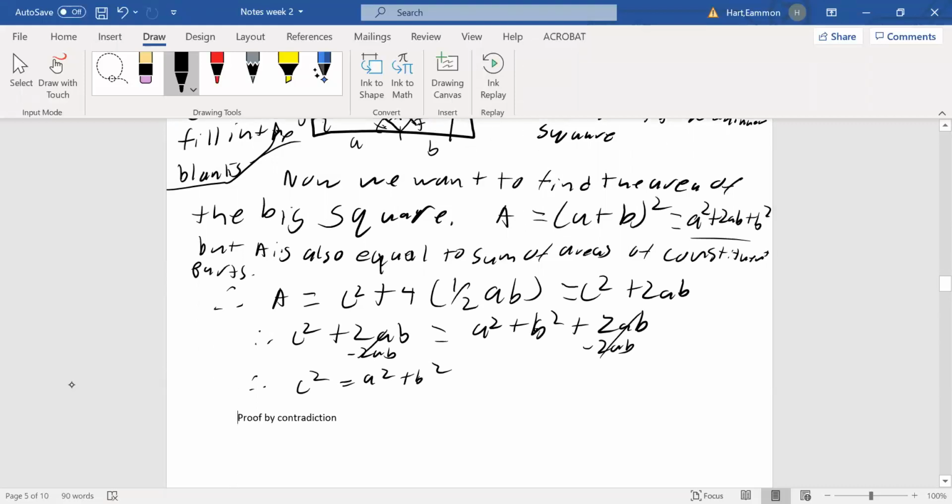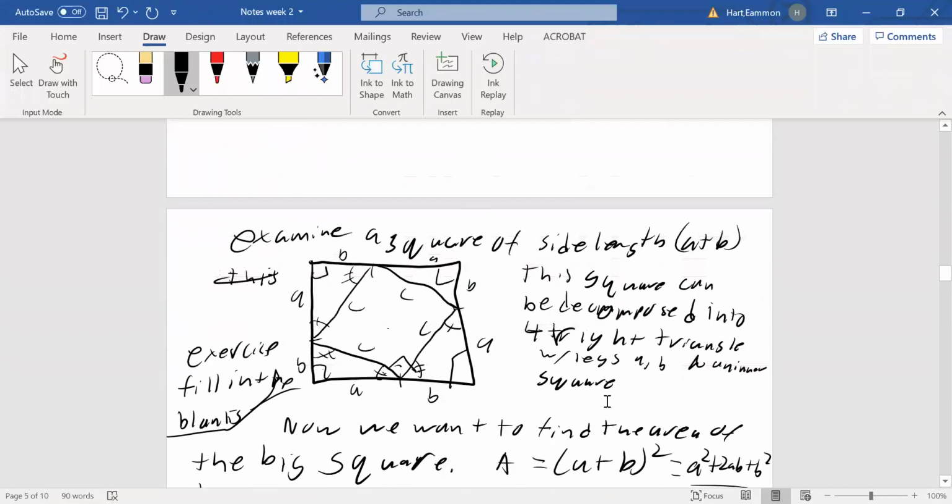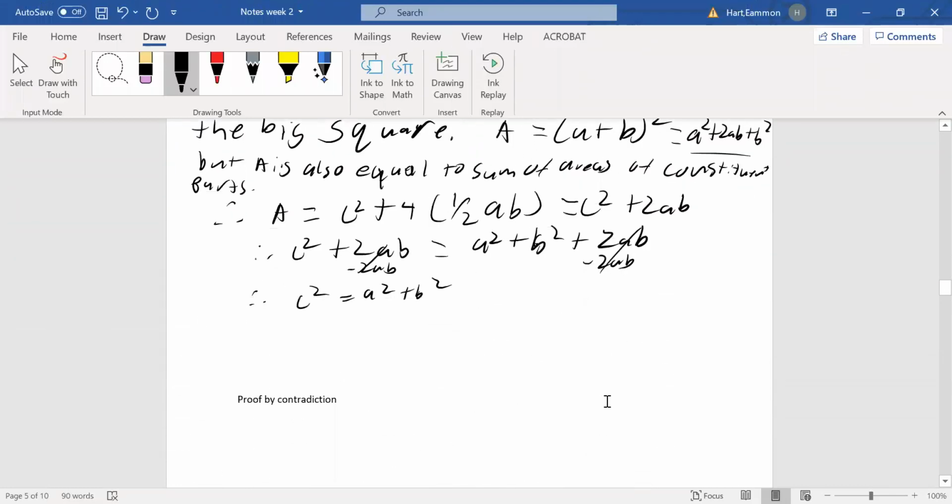And these were just the names that we gave to the lengths of the sides and the hypotenuse. Therefore, we have proven our statement.